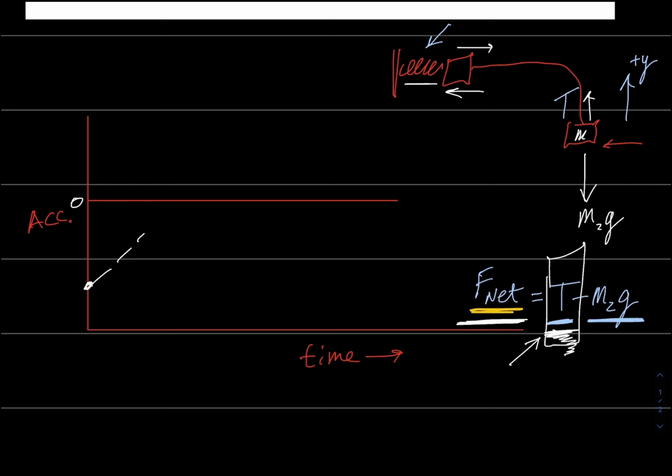As the mass continues to come down, the spring gets stretched more and more. Its restoring force is going to get bigger, pulling this way on M1, which is going to increase the tension in the string, and eventually the tension is going to equal M2g.